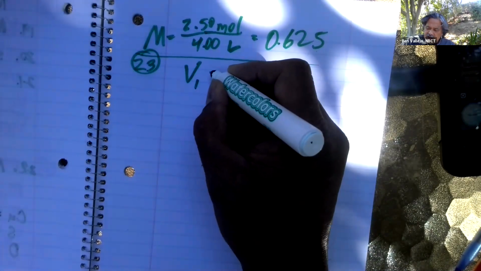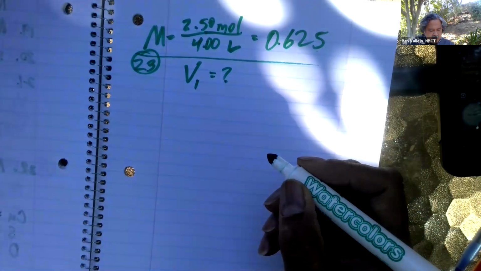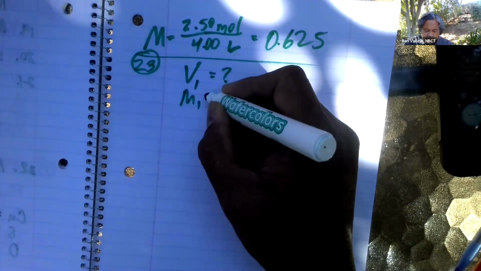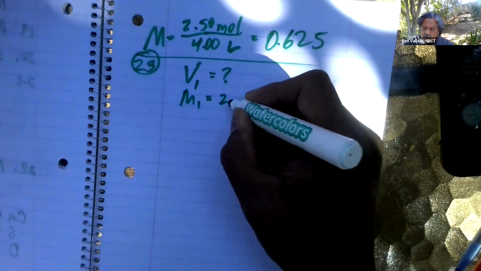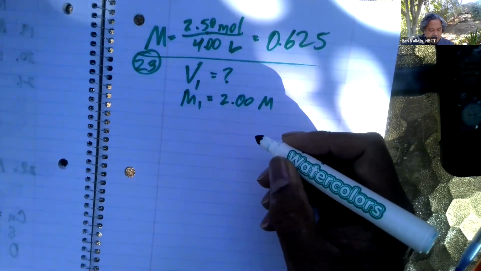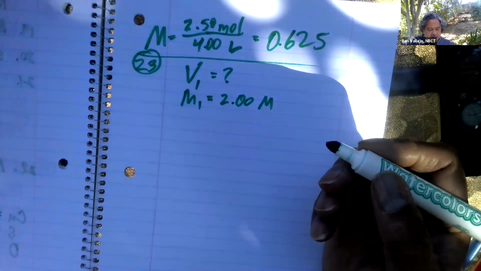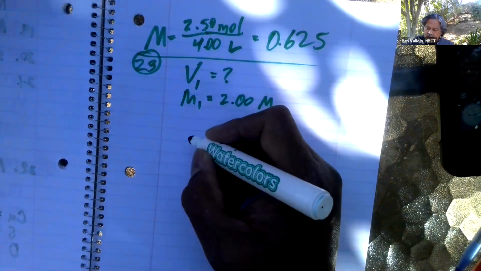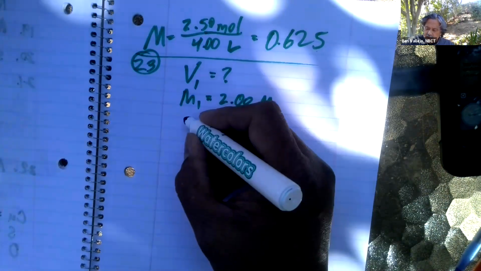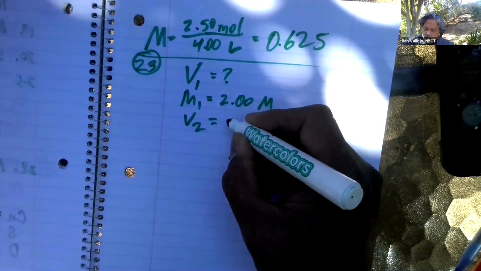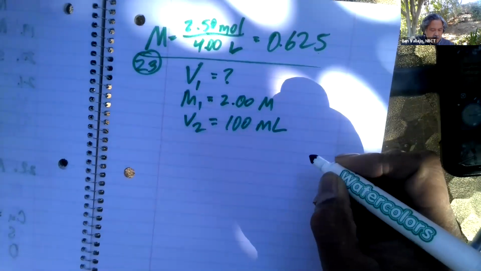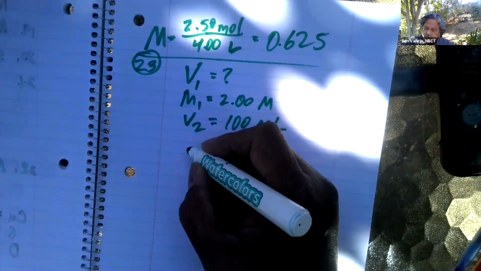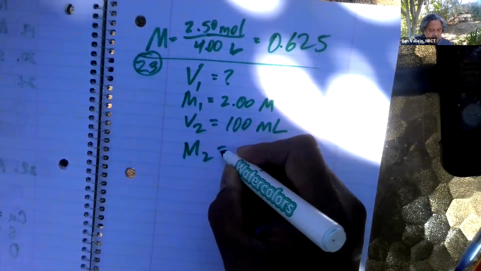So we're trying to figure out the initial volume that you need. What is given is a molarity of 2.00 M. And in the final solution, we need to prepare 100 milliliters, so this is the second volume, 100 milliliters of 0.150 molar KNO3.